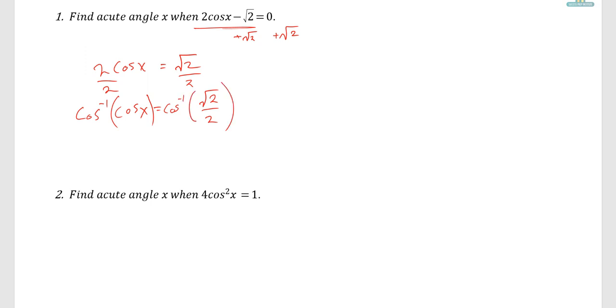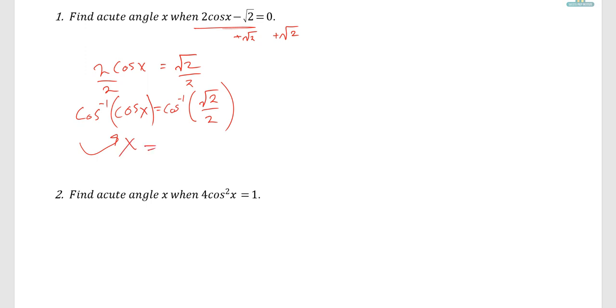Of course, you don't have to evaluate anything on the left-hand side. I'm just showing you that the inverse cosine of something is just that something. So these do away with each other. The inverse cosine of the cosine of x is just x. So here we have x.